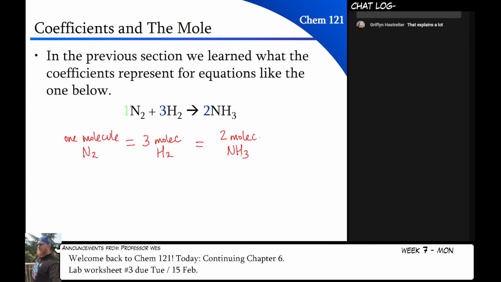So in other words, if I was to compare these sentences together and make statements that were mathematically true, I would say 1 molecule of N2 reacts with 3 molecules of H2. Or I could say both of those, or either of those, will eventually form 2 molecules of NH3.